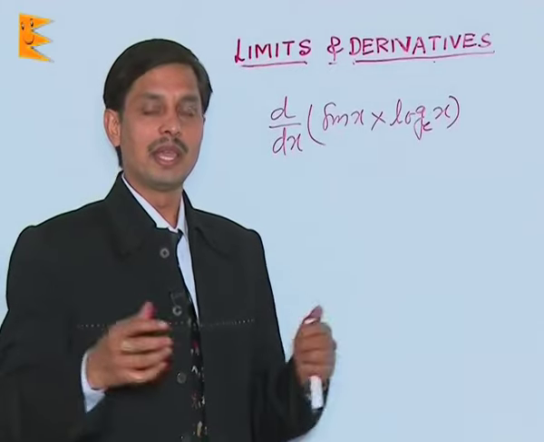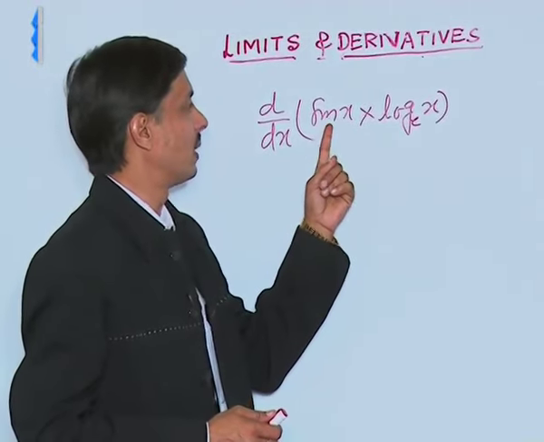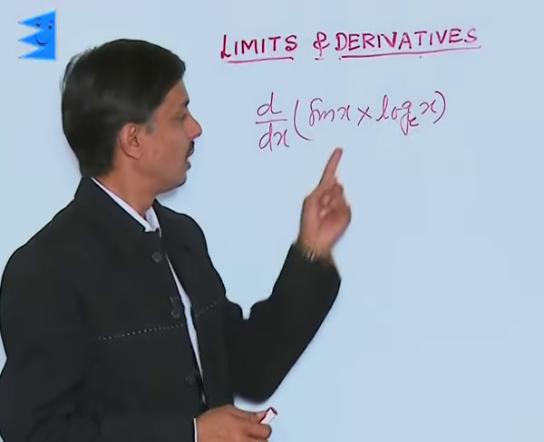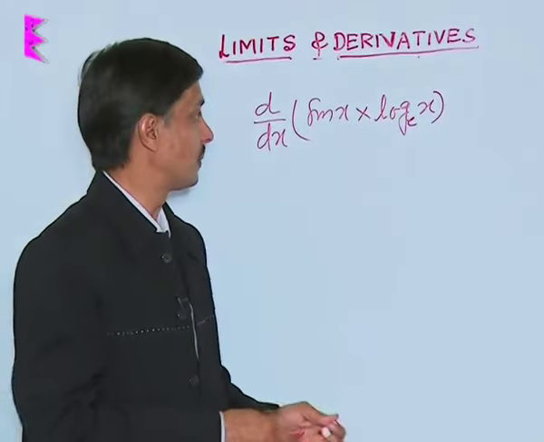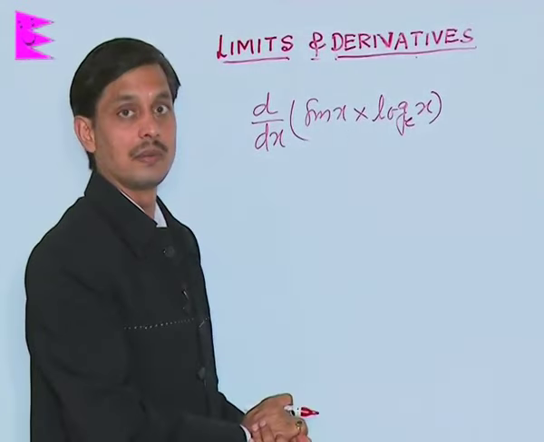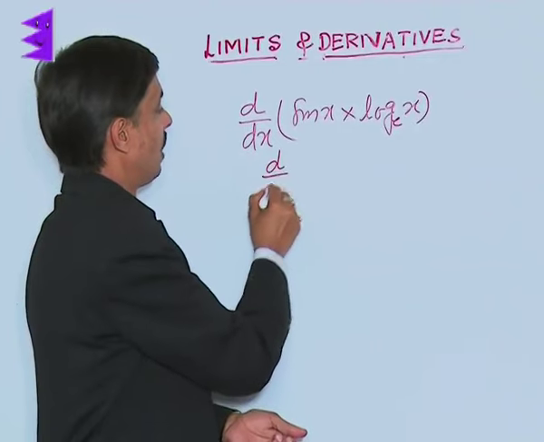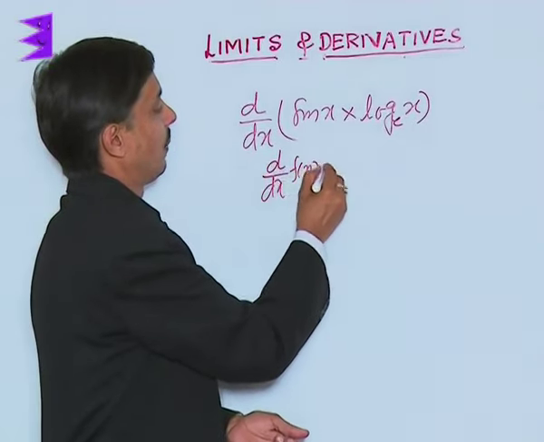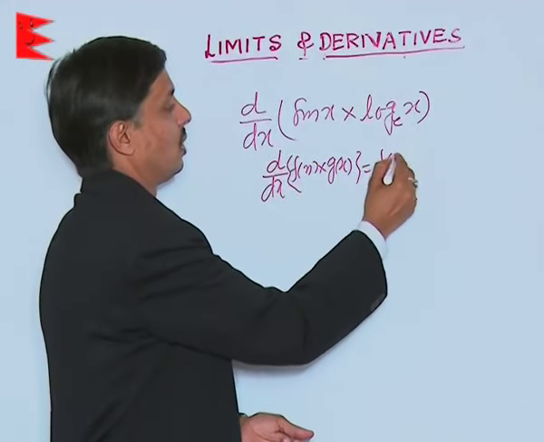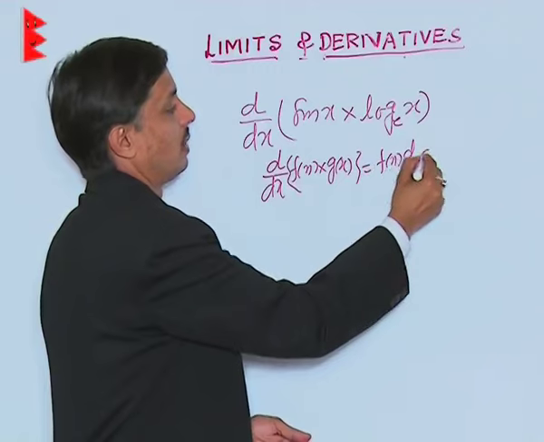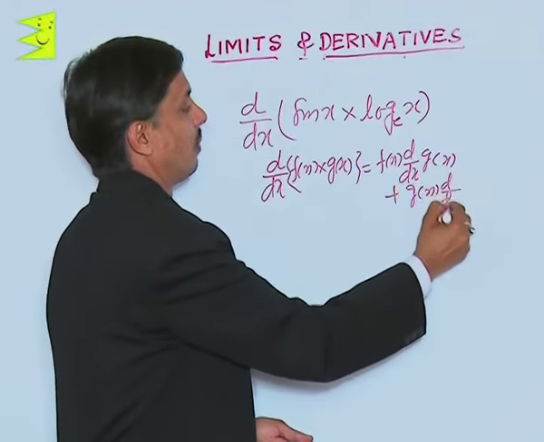Now I am taking a problem where the product rule will be applied. There are two unlike functions, sin x and log x, joined with the sign of multiplication. So what will be the answer? This will be first function, second function. We apply the formula: derivative of f(x) into g(x) is given by first into derivative of second plus second into derivative of first.